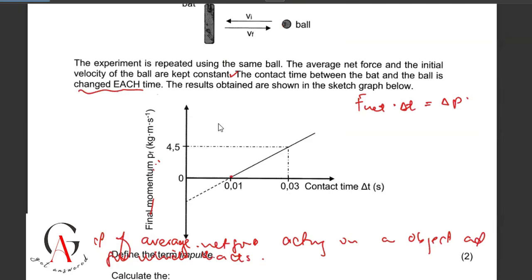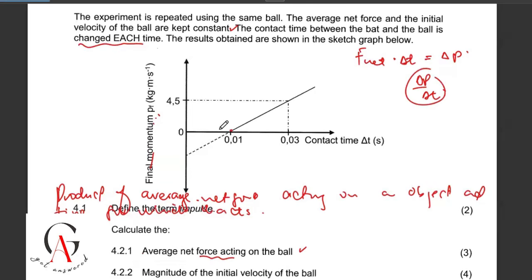Meaning that if they need the force, we need to get the change in momentum over delta t, which is technically our gradient. So 4.2.1, I'll just use this point and this point. So change in p over change in t, so it's 4.5 minus 0 over 0.03 minus 0.01.